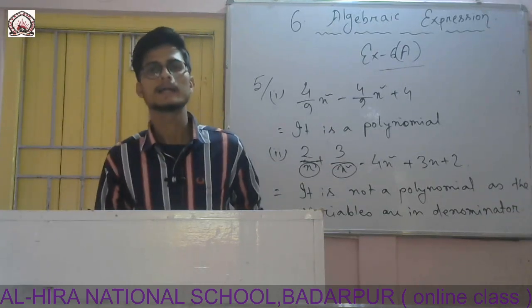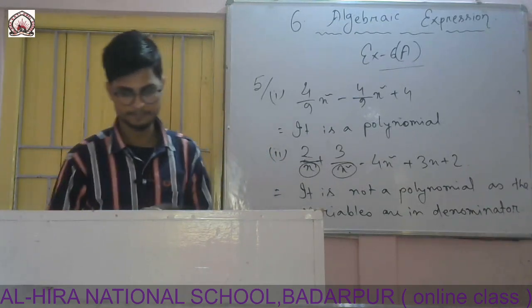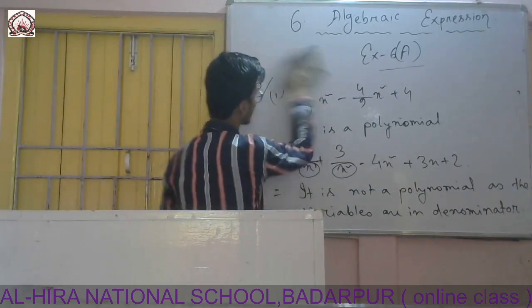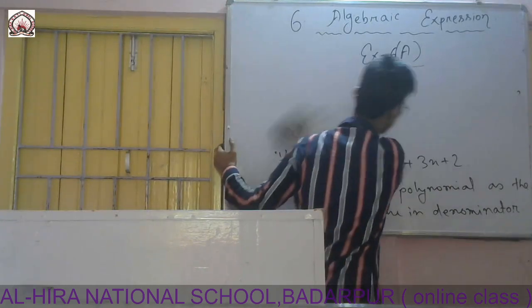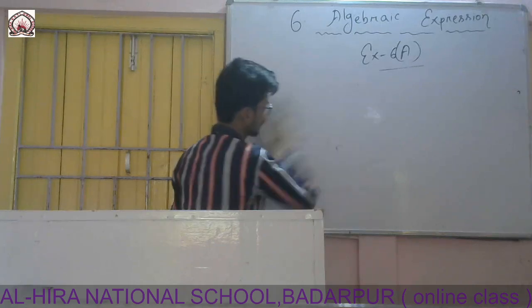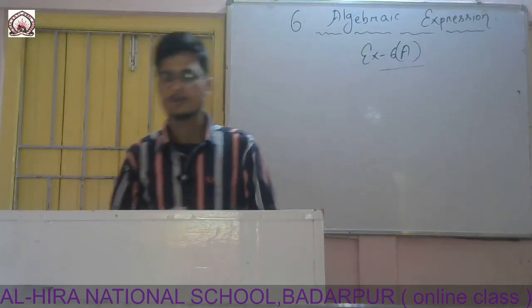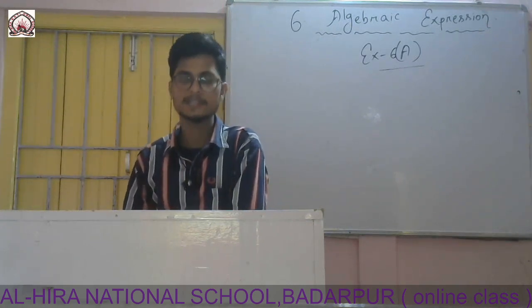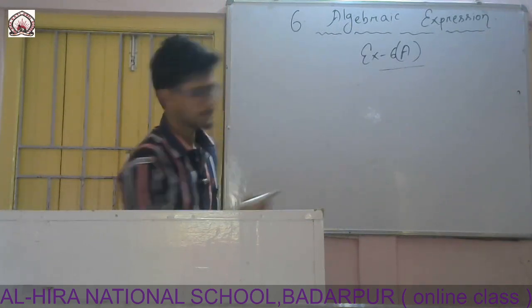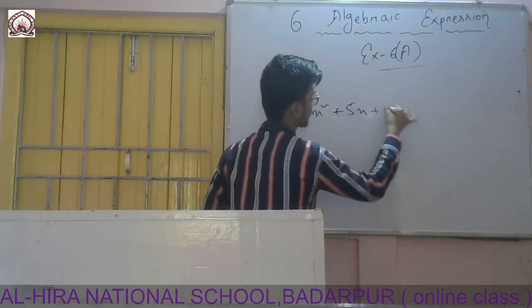You have to write the degrees. So how to find out the degree of a polynomial? The degree of a polynomial is the greatest power of the variable present in the polynomial. For example, 7x square plus 5x plus 4.